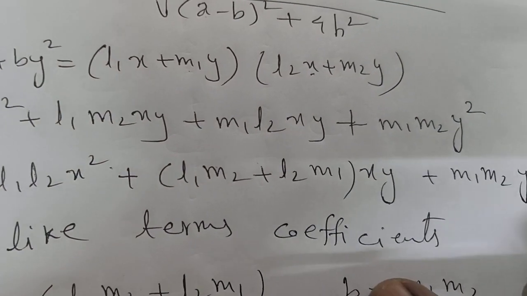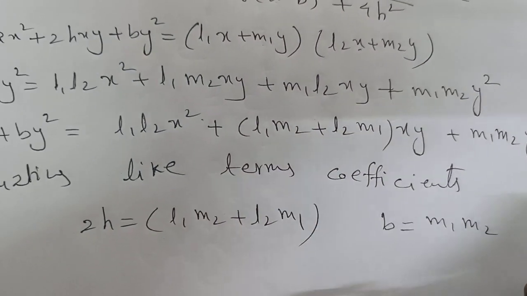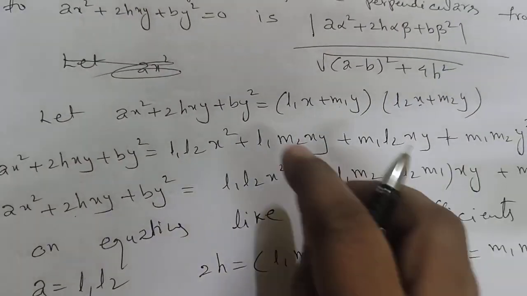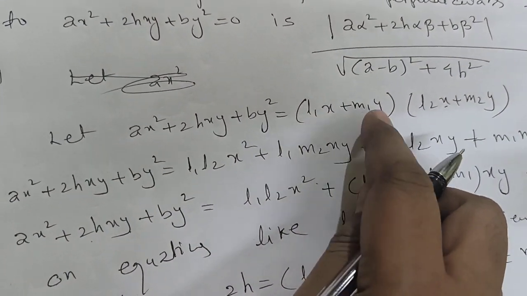Now we have to find the perpendicular distance from alpha beta to the first line. This is our first line L1x plus M1y.